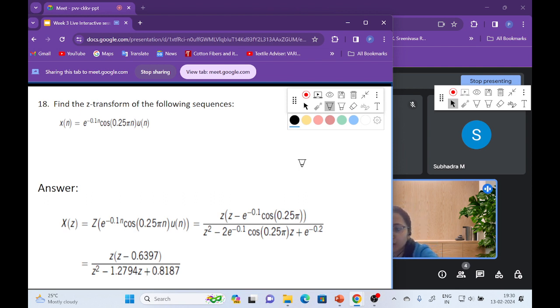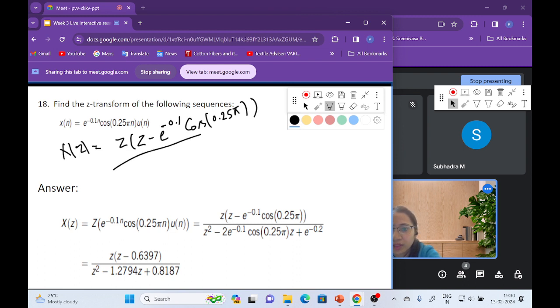The z transform of this function can be written as X of z equal to, as I have already noted down this formula, z to the power minus e to the power minus 0.1 as it is given, and cos 0.25 pi, divided by z square minus 2 e to the power minus 0.1 cos 0.25 pi plus 1, no, plus e to the power minus 0.2.